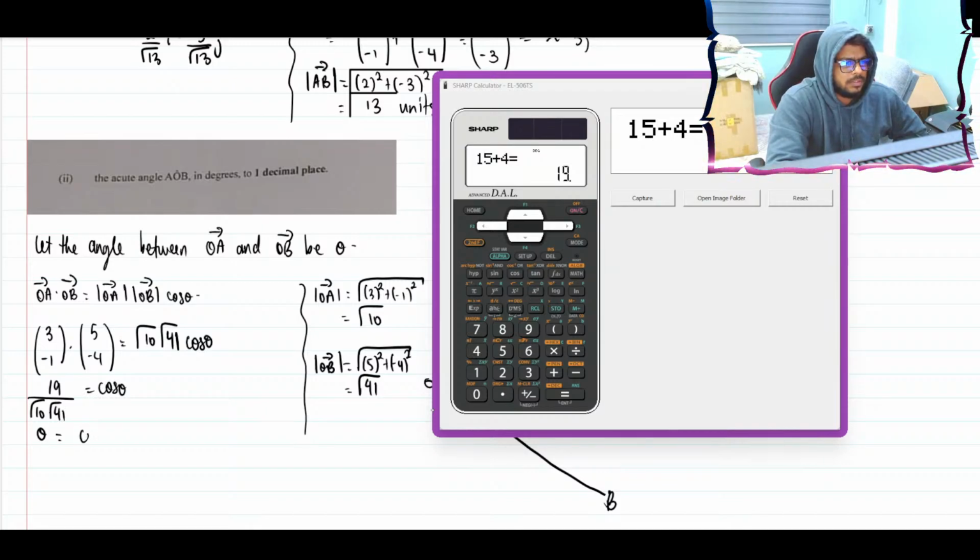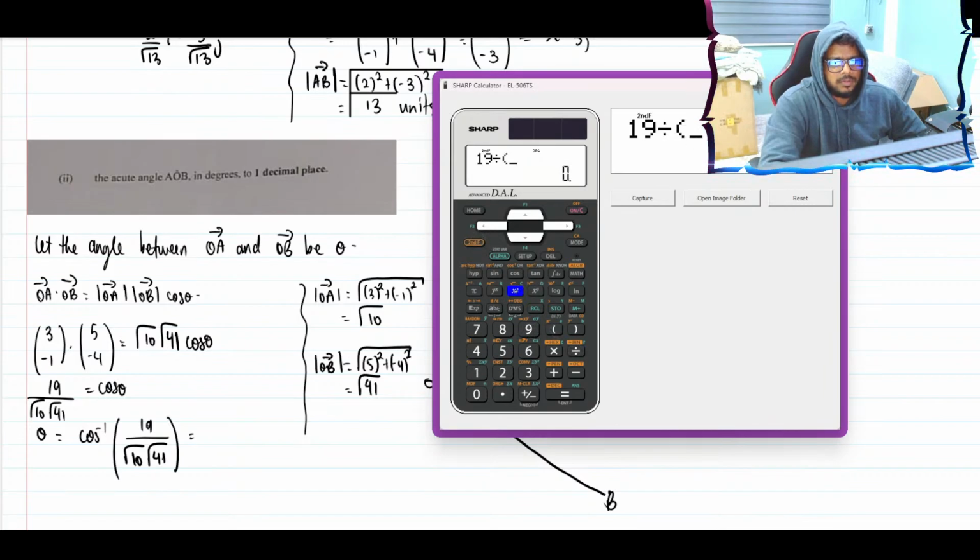Theta is equal to cosine inverse of 19 over root 10 root 41. 19 divided by the square root of 10 multiplied by the square root of 41. Cos inverse of that is 20.22 degrees. So 20.2 to 1 decimal place.